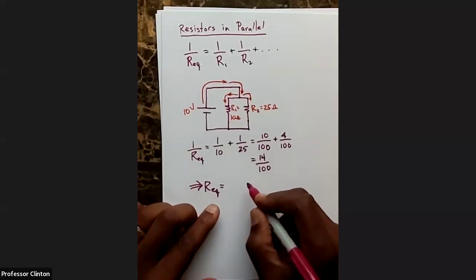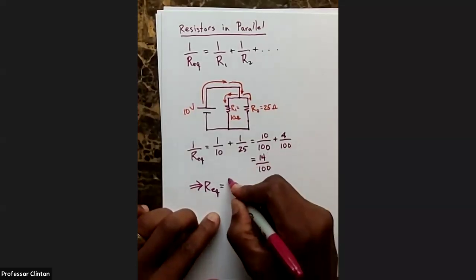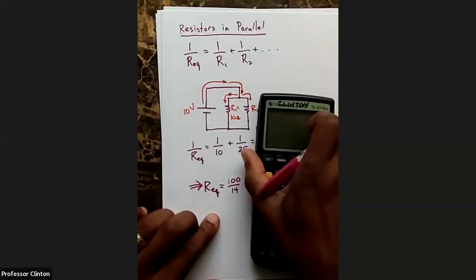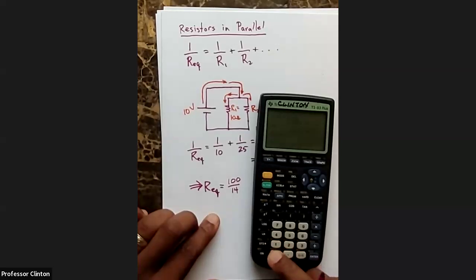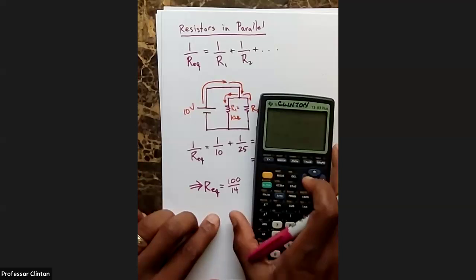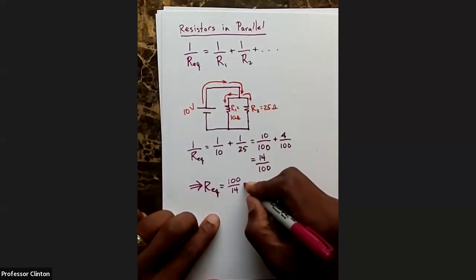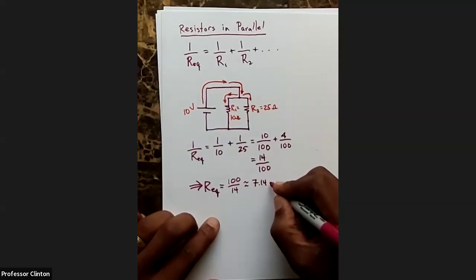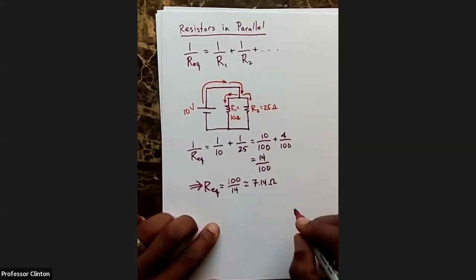So in this case, our equivalent is going to be, just flip that over, 100 over 14. And if we do the math, we'll get 7 and some change. So 100 divided by 14 gives me 7.14. So this is about 7.14 ohms.